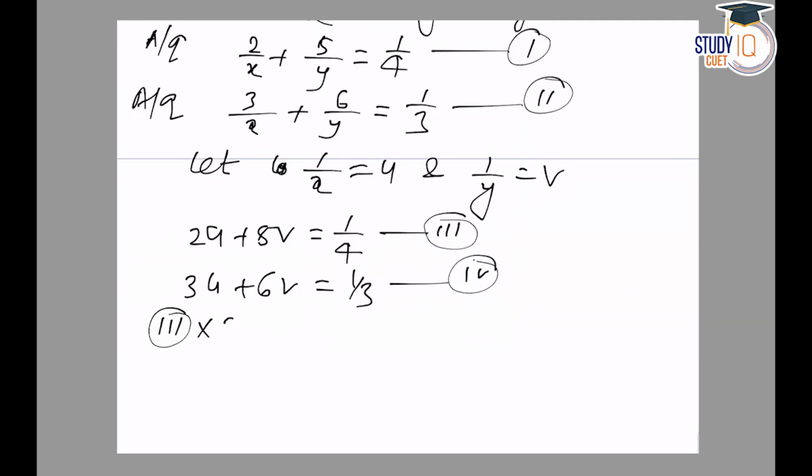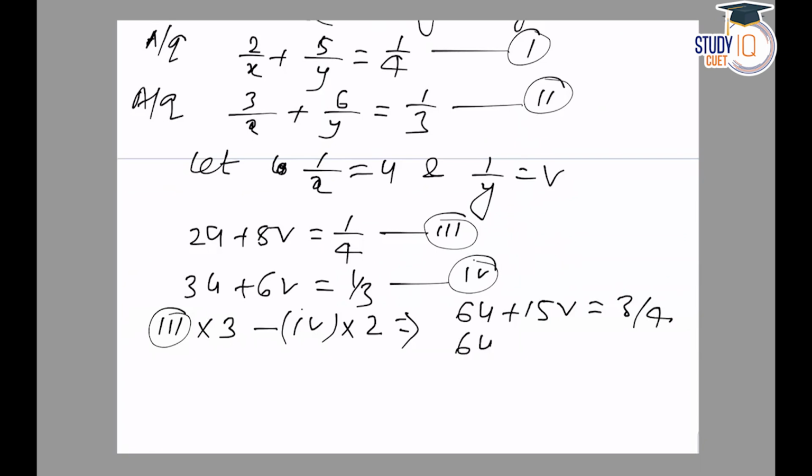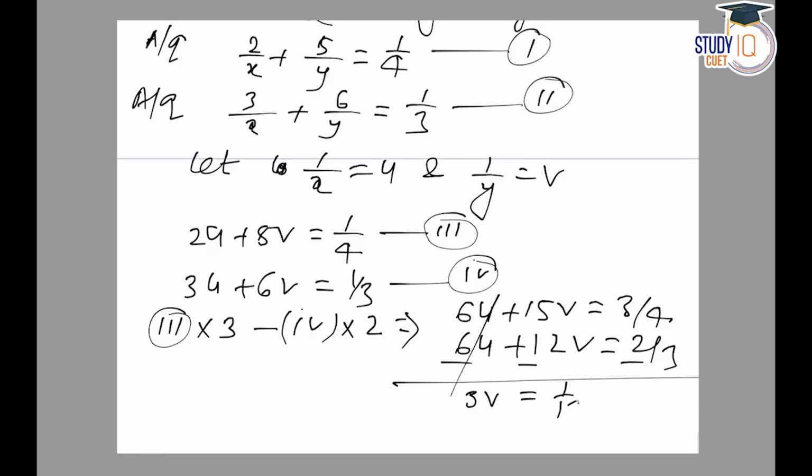So multiply equation 3 by 3 and equation 4 by 2, and subtract. So we get 6u plus 15v equals to 3 by 4 and 6u plus 12v equals to 2 by 3. So 6u will be cancelled out. So 3v equals to 1 by 12. Hence v equals to 1 by 36.